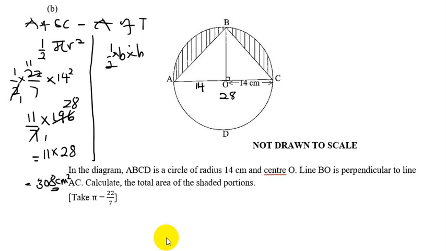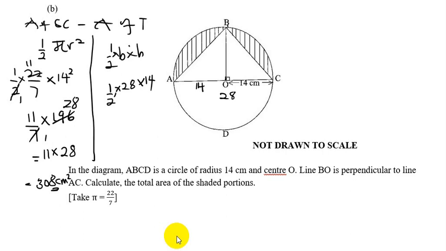So it's going to be 1/2 times 28. And the height, from the question, we were told that the radius is 14. We can see clearly that they are all radius from here to here and from here to here. So we multiply it by another 14.